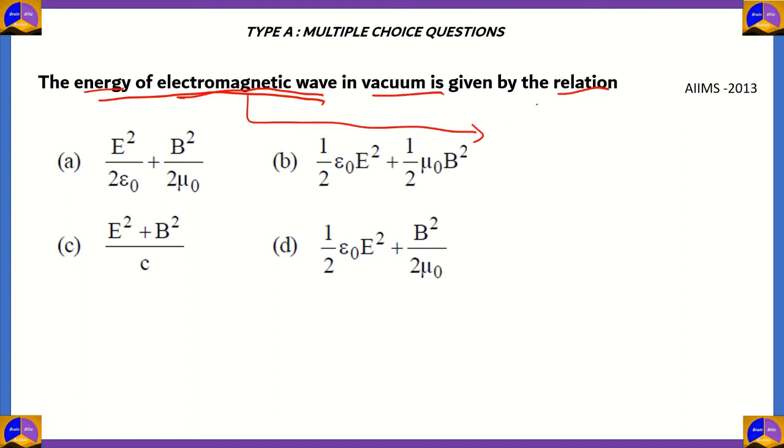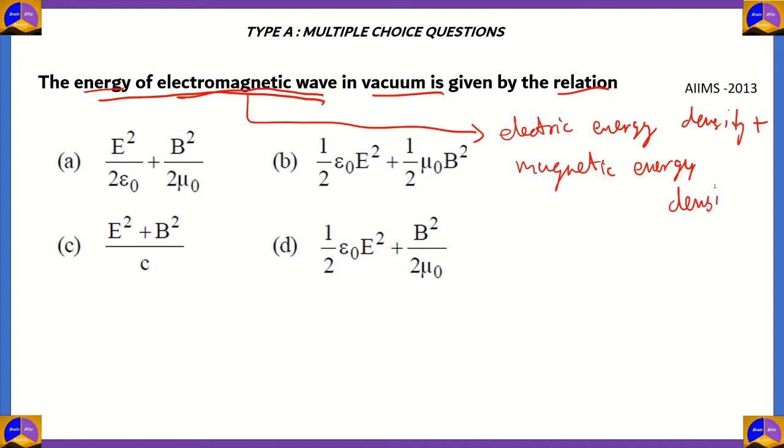Well, it has 2 components: electric energy density and magnetic energy density. So, the energy of an electromagnetic wave is the sum of electric energy density and magnetic energy density.